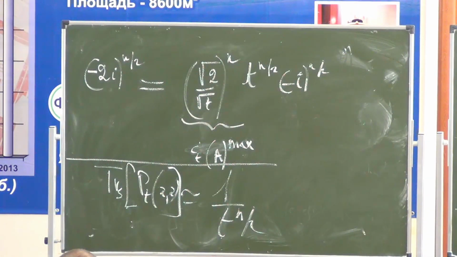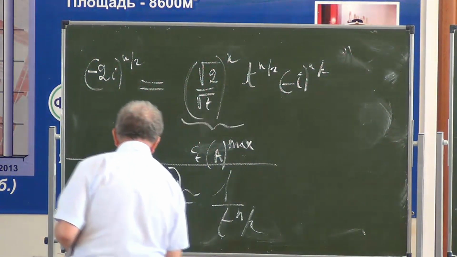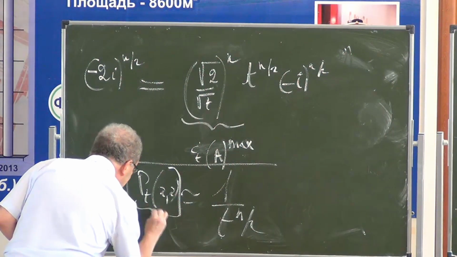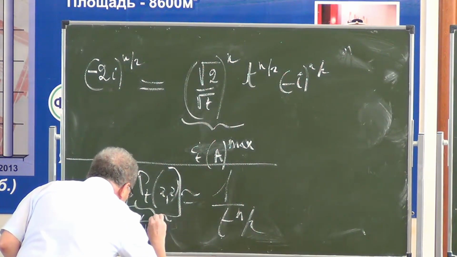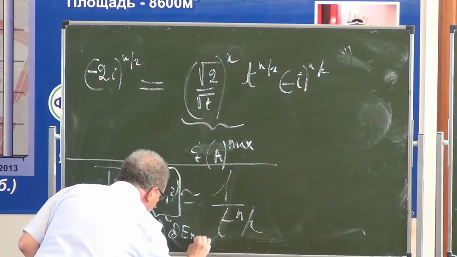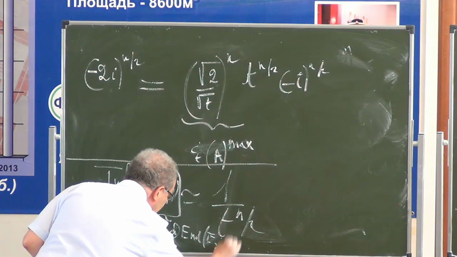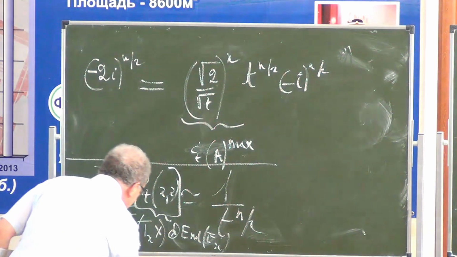We know this by abstract arguments that I explained last time. Now, Pt of x and x is actually an element of the Clifford algebra of Tx tensored with End of Ex, because it's an element of the endomorphisms of the spinors at x tensored with E.